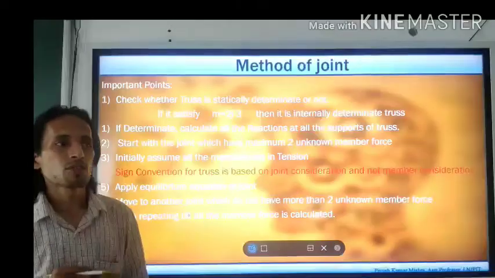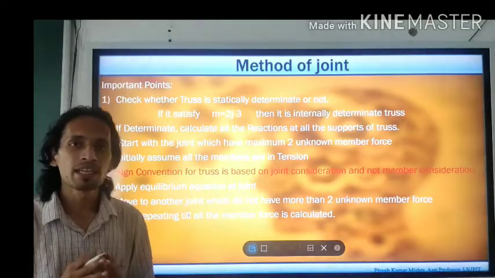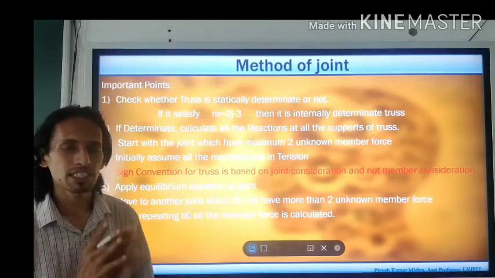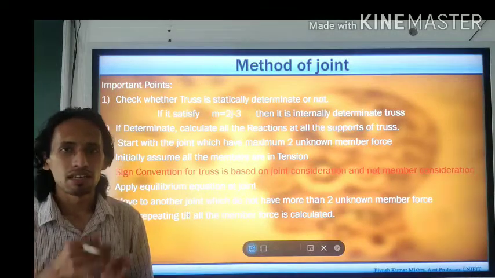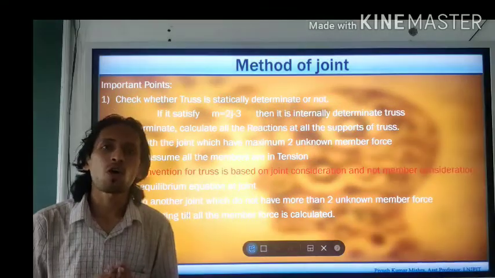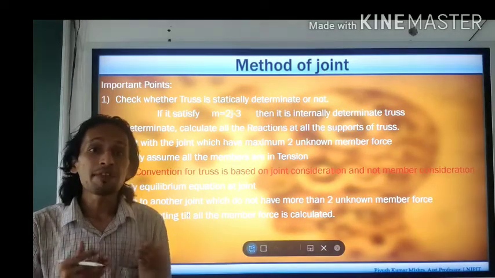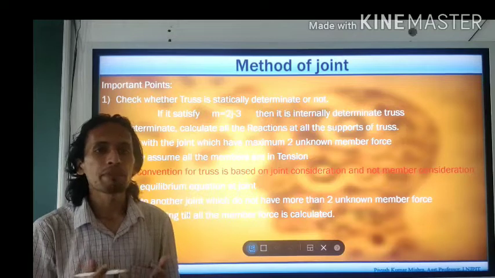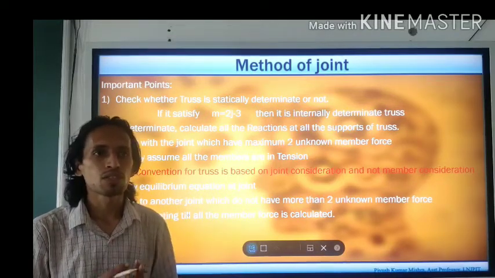Irrespective of any method, the first thing that you should see in a question is whether the given truss is a determinate truss or an indeterminate truss. Because if it is an indeterminate truss, then you will not be able to solve it simply. You have to use some other method.